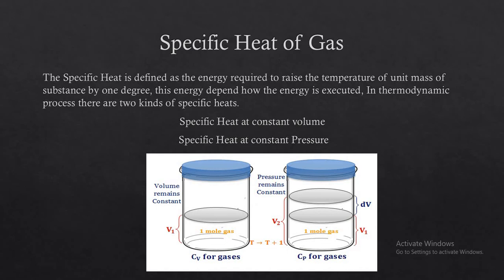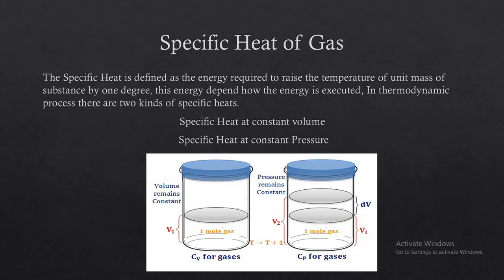On the other hand, when we talk about Cv, constant volume, once heat is supplied to the system, the internal energy of the system will increase. That means the randomness inside the molecules will increase.